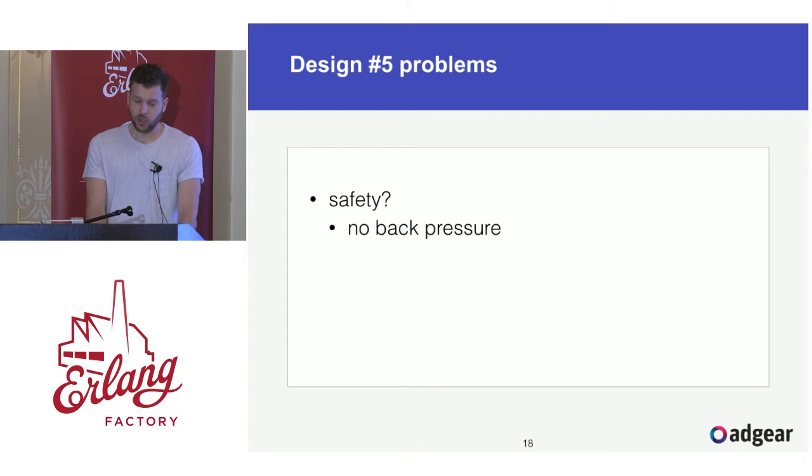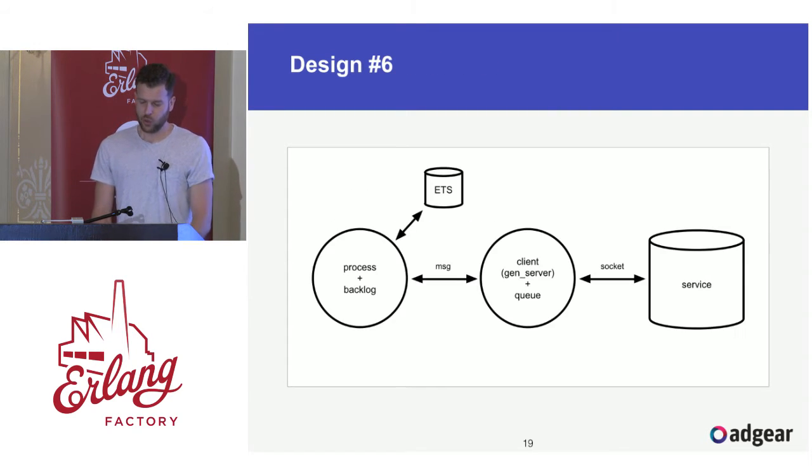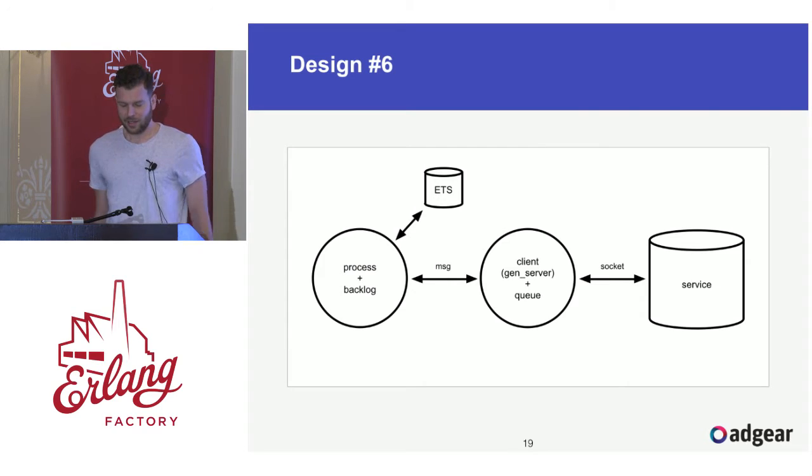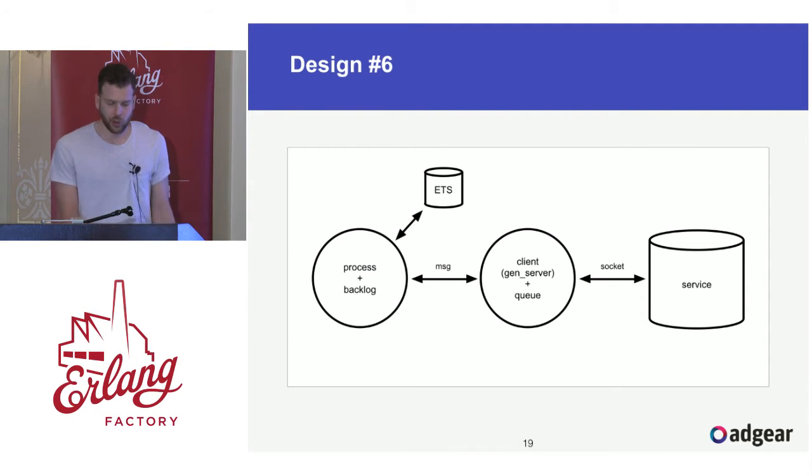The solution to this is to use an ETS table, which we use to build a backlog. Whenever we want to send a message to a server, instead of just sending it directly, we ask the ETS table by incrementing a counter, and we make sure that we're not over the limit. If we are over the limit, then we fail fast, and we just reply that we're too busy right now.